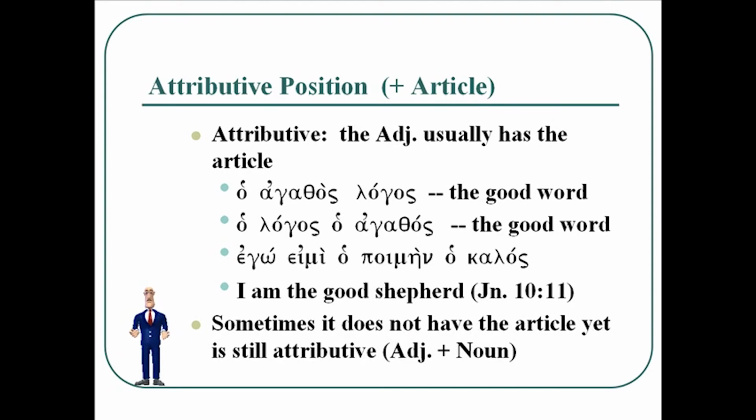Now, sometimes the attributive adjective will not have the article, yet it is still attributive, but you've got to then depend more on the context to tell you that it's attributive. So sometimes there'll be ambiguity whether it's an attributive or a predicate adjective being used when there is no article attached to the adjective.